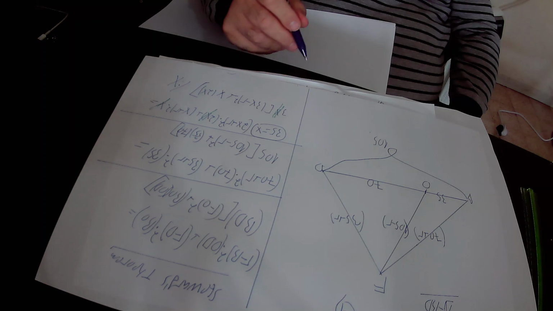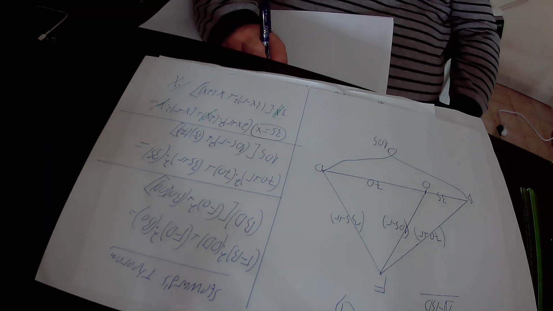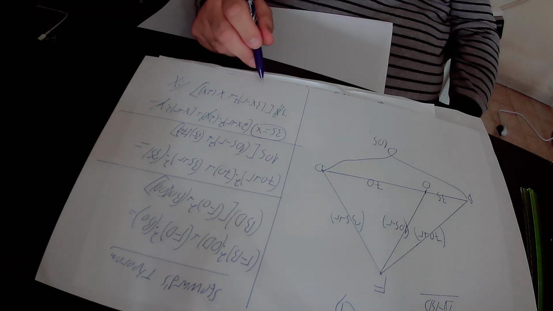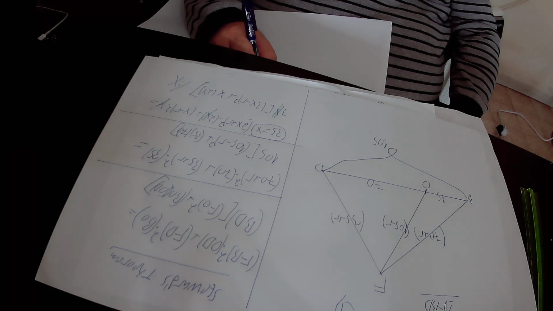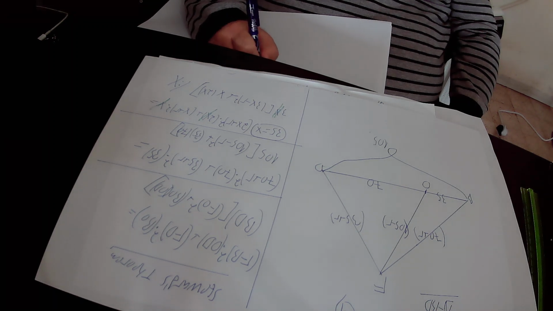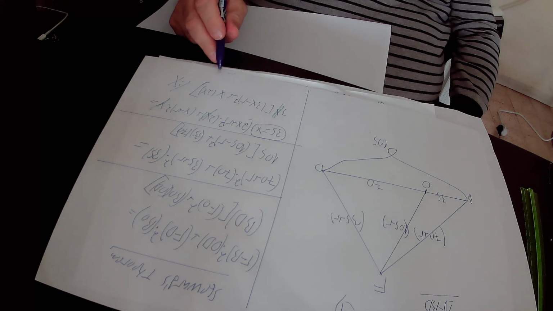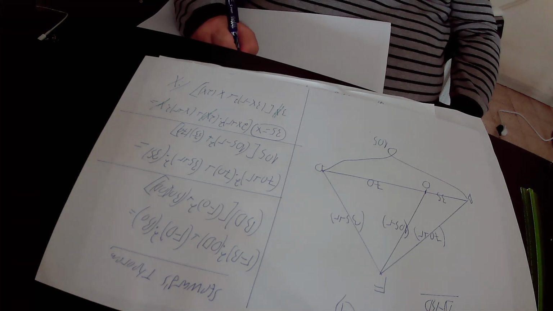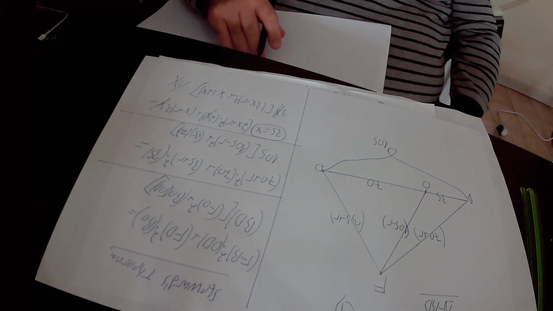equals 3. Here we'll open the brackets. Inside the brackets we have 3x minus R squared plus x times 2x is 2x squared. Here we close the brackets.